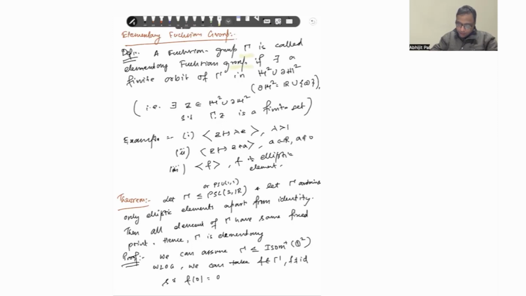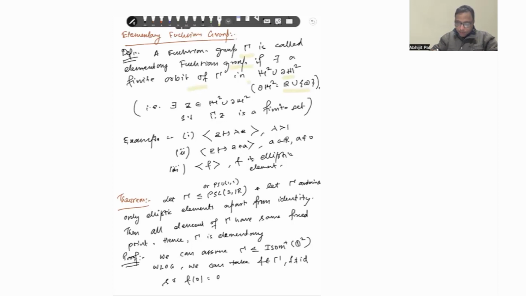if there exists a finite orbit of gamma in the upper half plane union the boundary of this upper half plane. What is the boundary of the upper half plane? It is R union infinity. Note that if I take an element T from gamma, it acts on the upper half plane by a Mobius transformation, and that transformation you can extend to R union infinity.